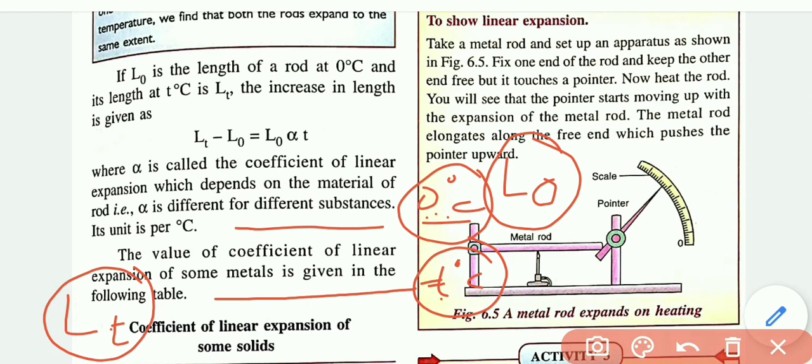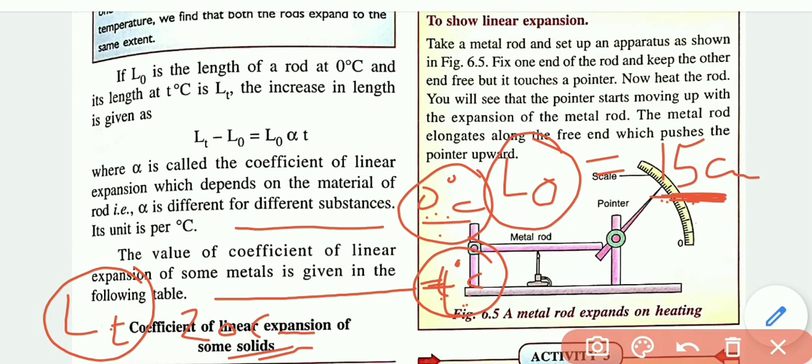For example, if L0 equals 15 centimeter at 0 degree centigrade, and the temperature increases, for example to 10, 100 or 1000 degree, then this 15 centimeter will increase to say 20 centimeters.